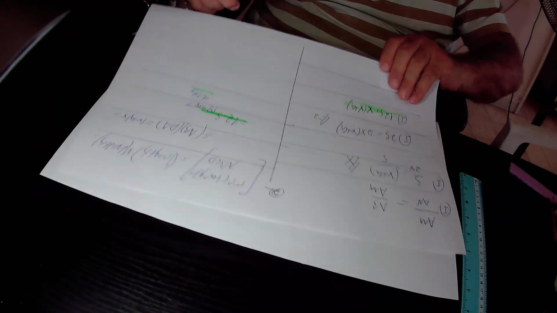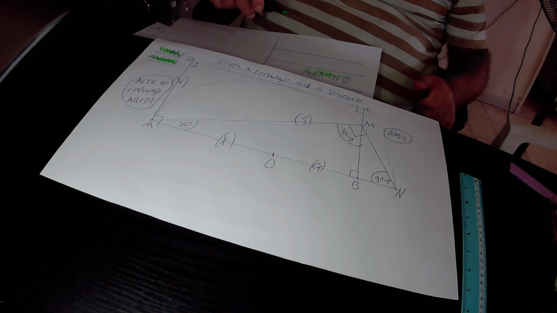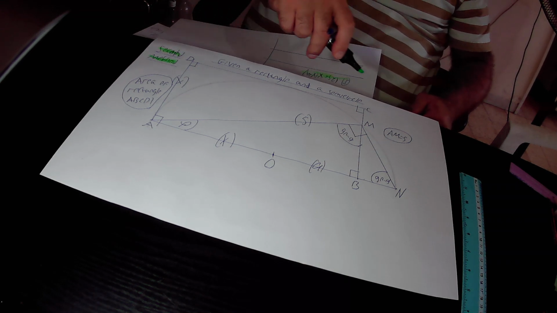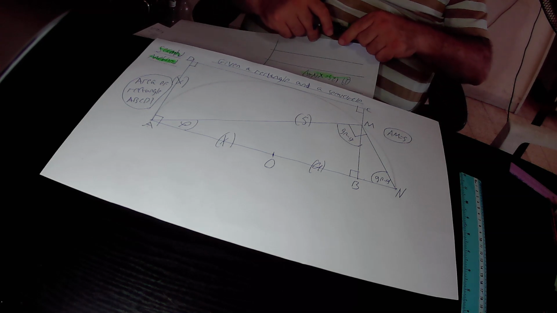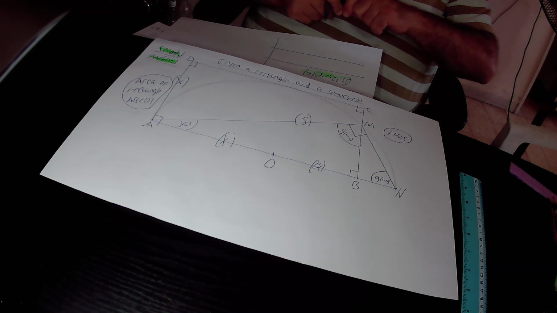Repeat again: in both methods, we found out that the area of this rectangle ABCD is equal to 12.5 square units. So, in the next step, let's summarize the lecture.